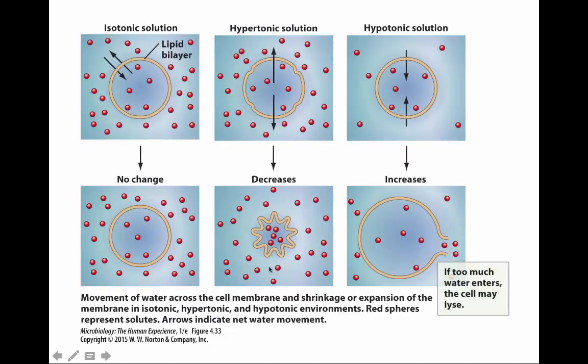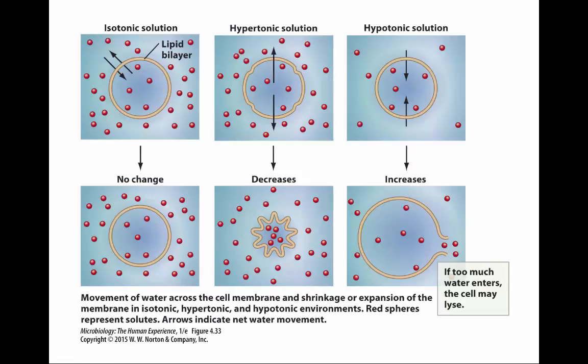So we call this plasmolysis: the cell shrinks down and shrivels up. I always think about grapes: a raisin is not a happy grape. So cells can't really survive like this for very long. Oftentimes they will die because all the water has left the cell.